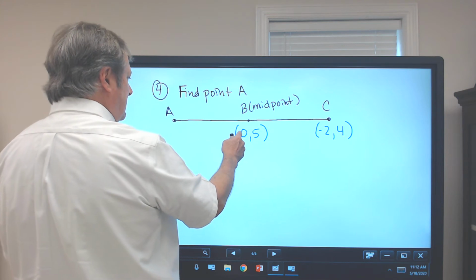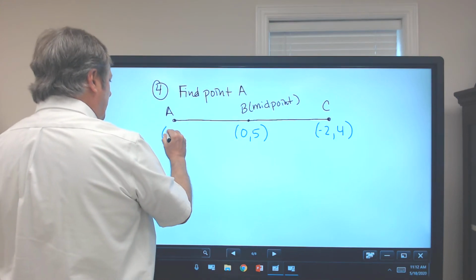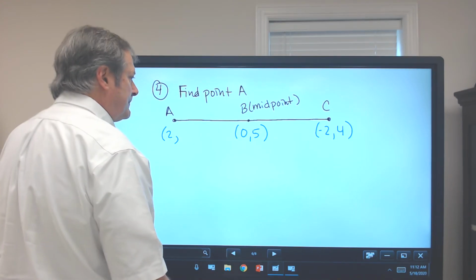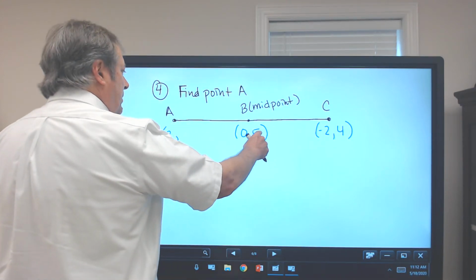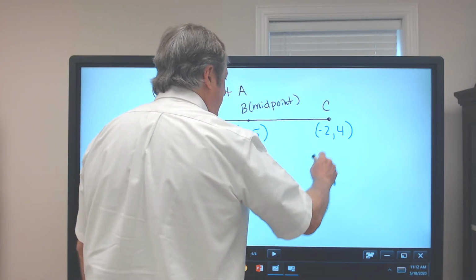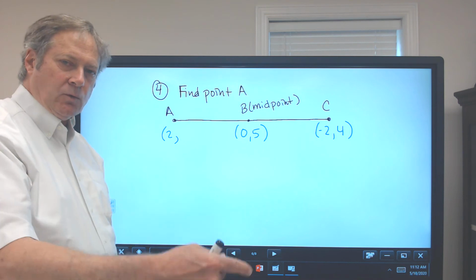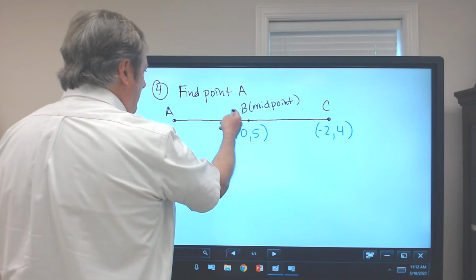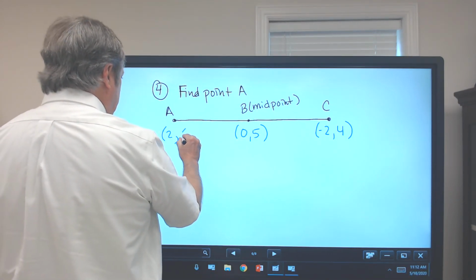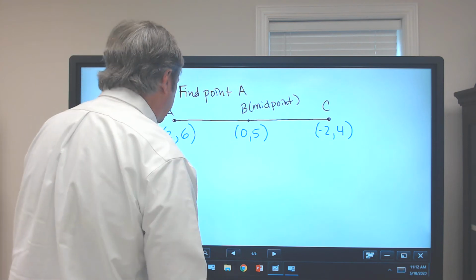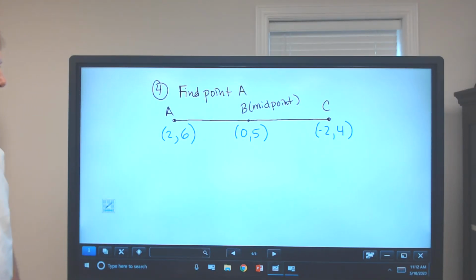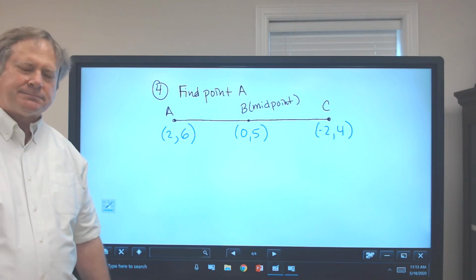If we add 2 units to 0, we're at positive 2, correct? Now, if we're at 5 and we go down to 4, we went down 1 unit, so we'll go back up this way 1 unit, and that will be 6. And there you have it.